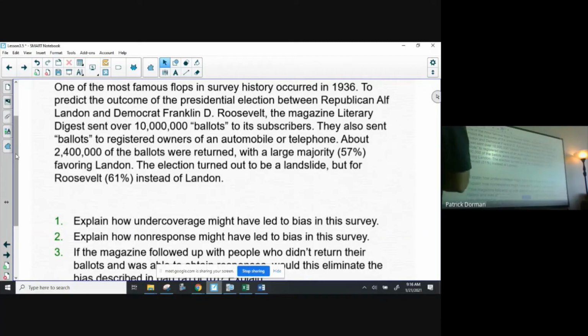Okay. So, how might non-response have led to bias in this survey?